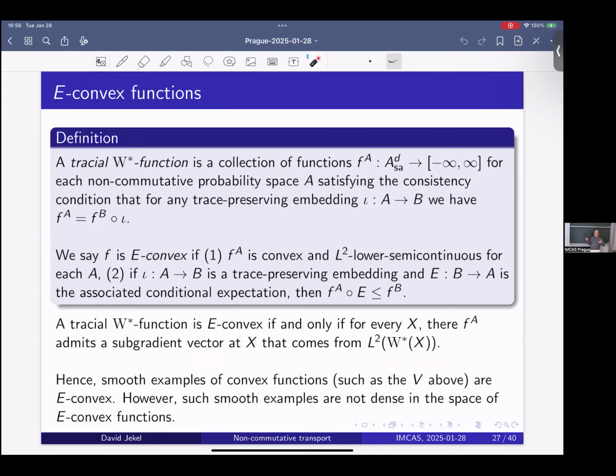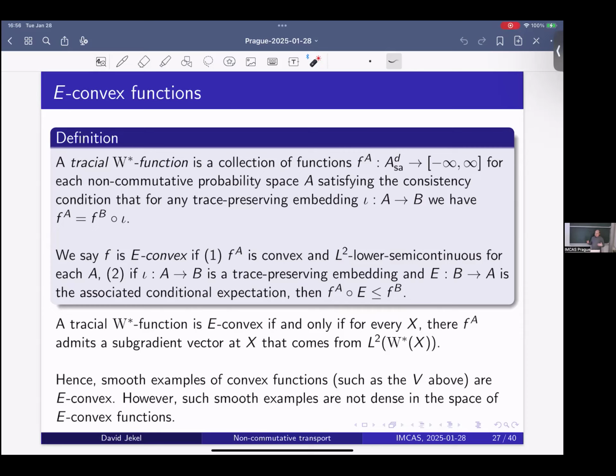And that is pretty natural. And so it's easy to check that if you had non-commutative polynomials or some other smooth thing, and if it was convex, then it would satisfy this E-convexity, because in that case it's clear that the gradient is some non-commutative polynomial applied to x, so it's in the von Neumann algebra.